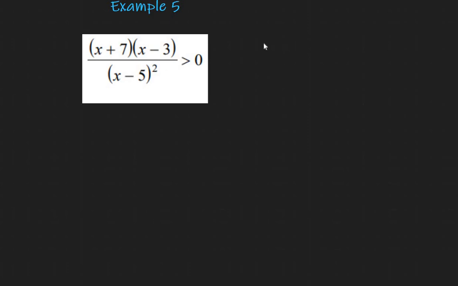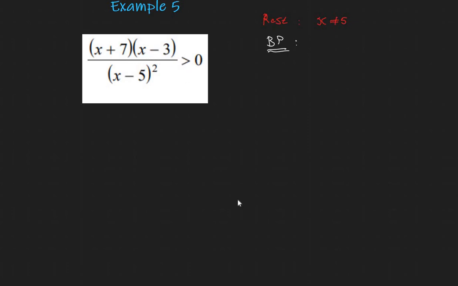Now, the restriction in a fraction is when you put the bottom equal to 0. So the restriction here will be x cannot be 5. And the boundary points is when we put the fraction equal to 0. I do not have to rewrite the fraction now because everything is done for me. And the boundary points in a fraction is when the top is 0.